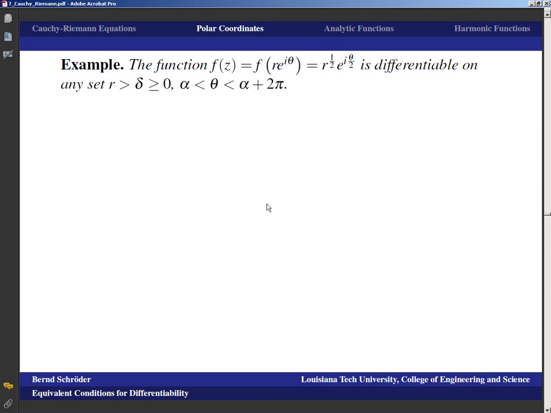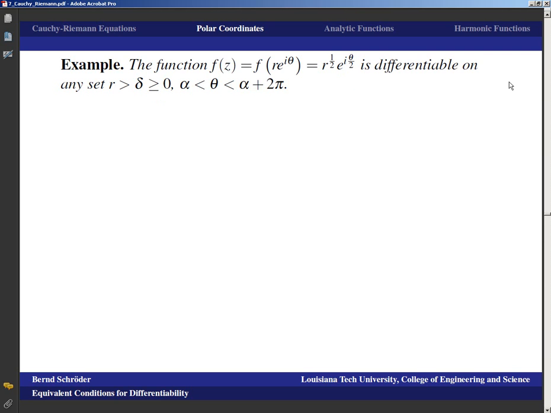And our angle theta must be so that alpha is smaller than theta is smaller than alpha plus 2 pi for any alpha. Basically, we can't wrap all the way around the origin, because then the argument increases. For the square root function, that's not that bad, but still, otherwise we'd be encountering things like Riemann surfaces, which we'll talk about later on in the course anyway. It's just cleaner to do it this way.